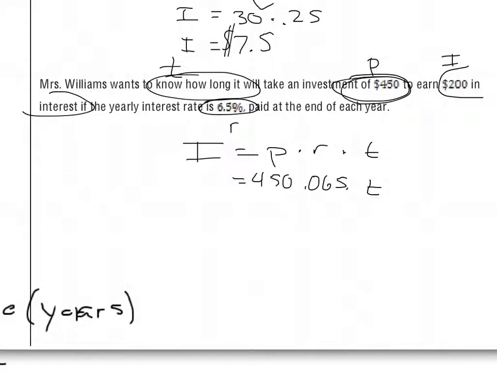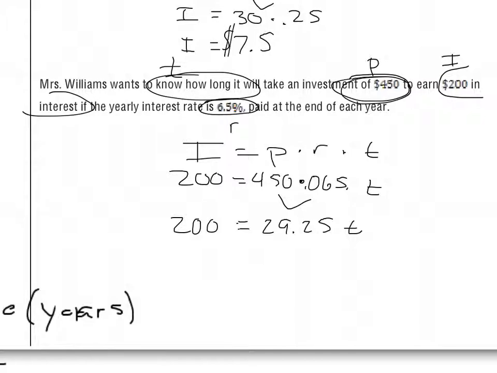And I want to earn $200 in interest, so that's going to go in for I. So here's when we have to think about, okay, how would I solve this? Well, I can see here that I can multiply these two things. And when I do that, that's going to give me 200 is equal to 29.25 times t.